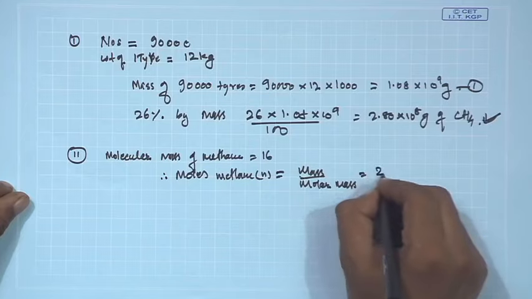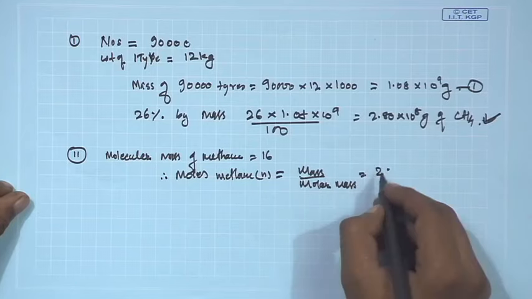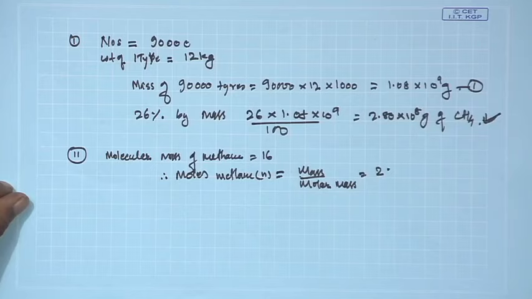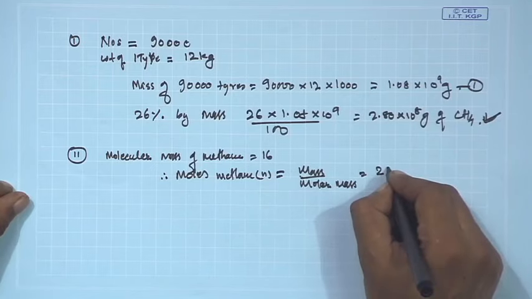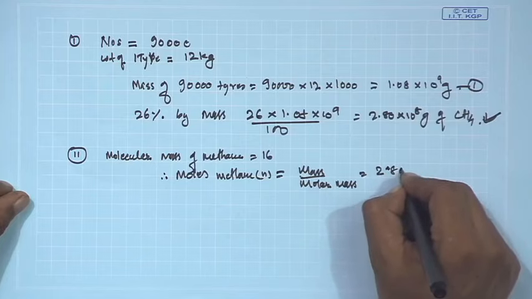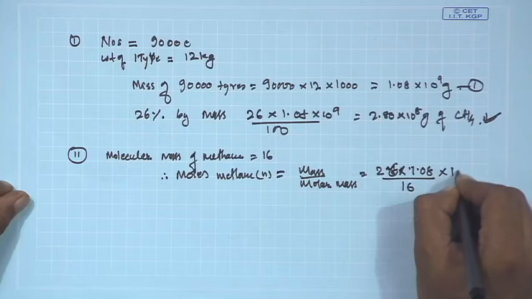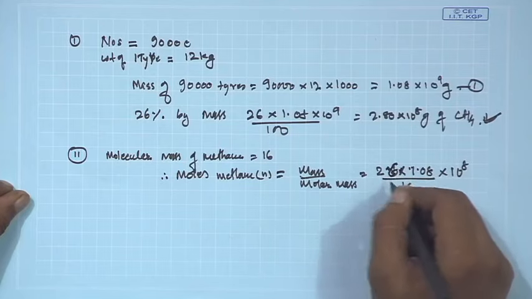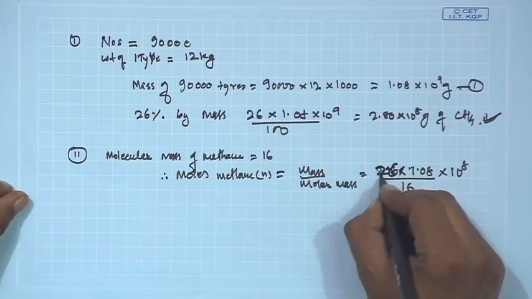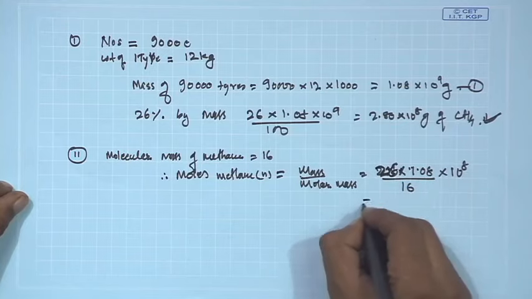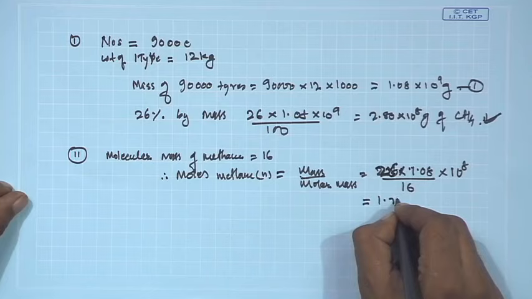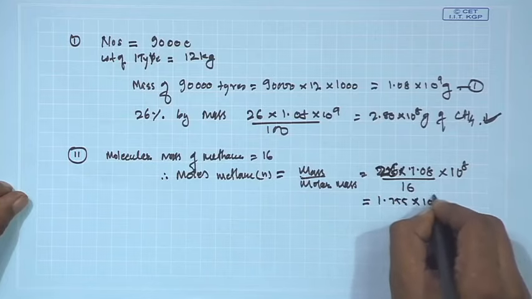If we put in the mass that we have calculated, 26 into 1.08 into 10 to the power 9, and the molar mass 16, the value is 1.755 into 10 to the power 7.